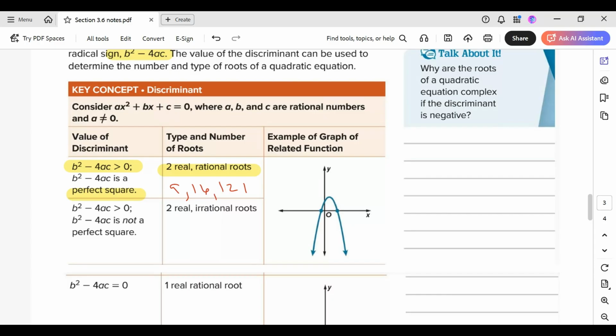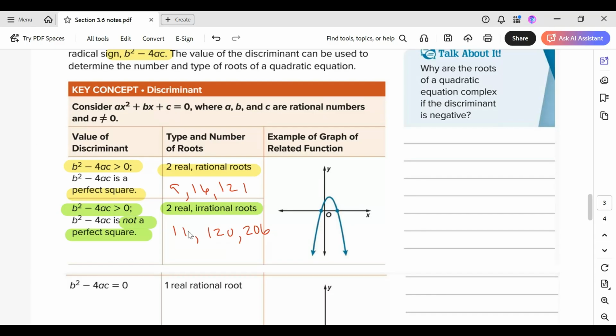If b squared minus 4ac is greater than 0, but it was not a perfect square, you still have 2 real answers, but they're called irrational. So you're looking at numbers like 11 or 120 or 206. They're not perfect square root numbers.